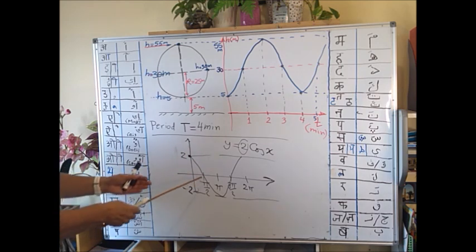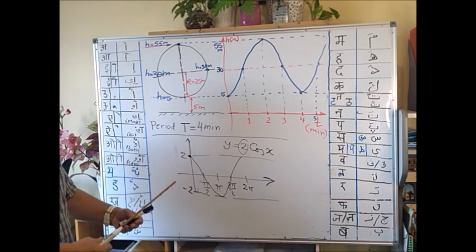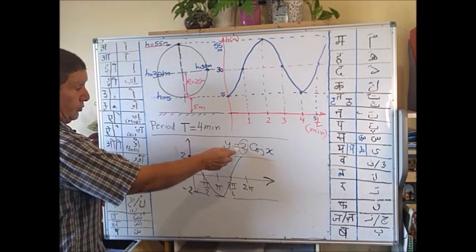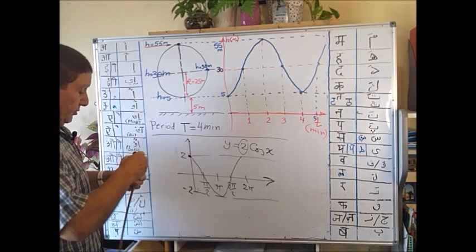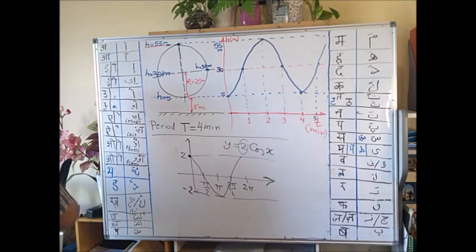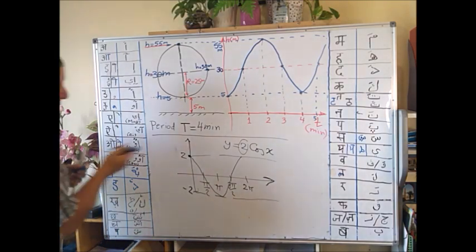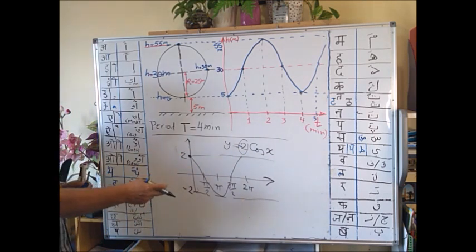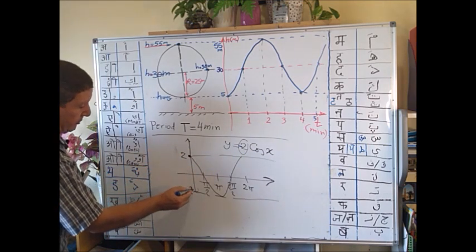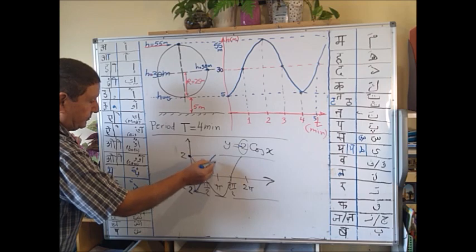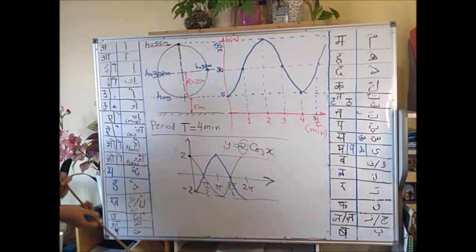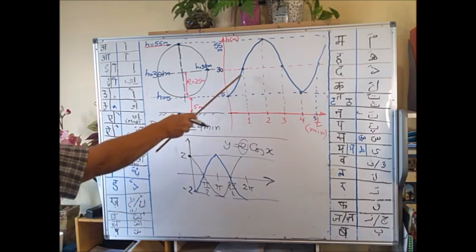It's the cosine function but flipped. This means instead of having 2, we could put minus 2 to reflect it about the x-axis. So it will be the other way around, like that. This one, the blue one, is comparable to this one.